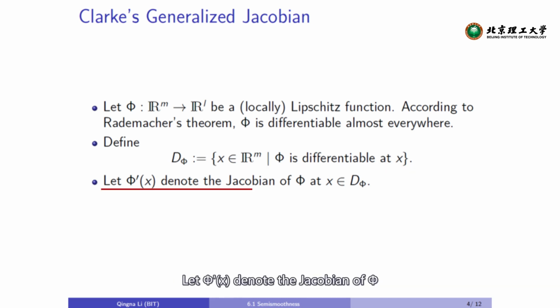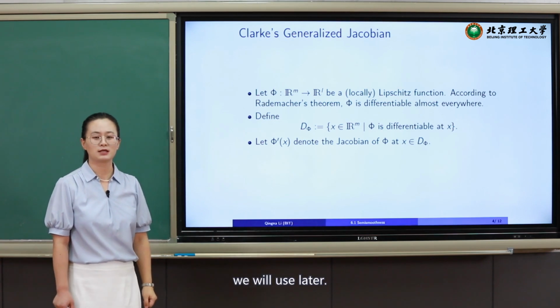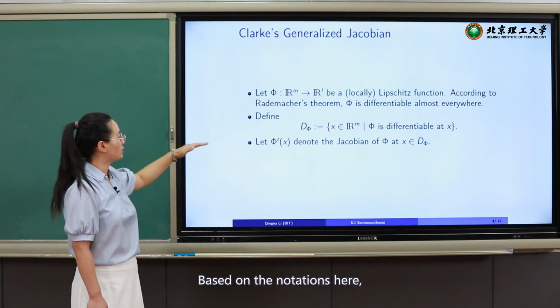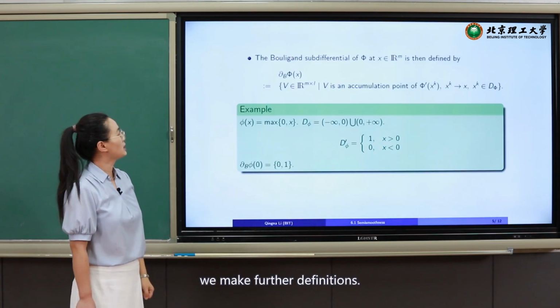Let phi prime denote the Jacobian of phi at any differentiable point x in D_phi. These are some preliminary notations that we will use later. So based on the notations here, we make further definitions.